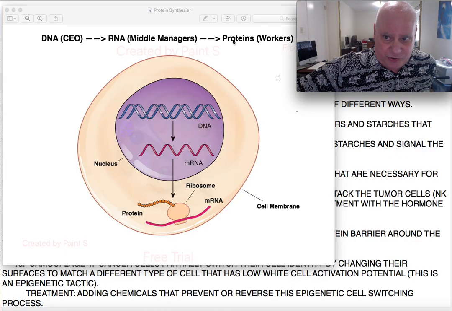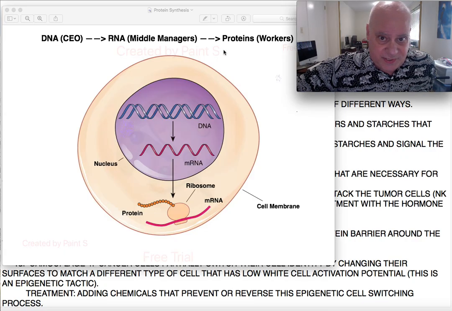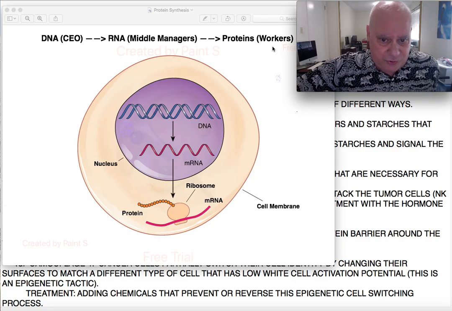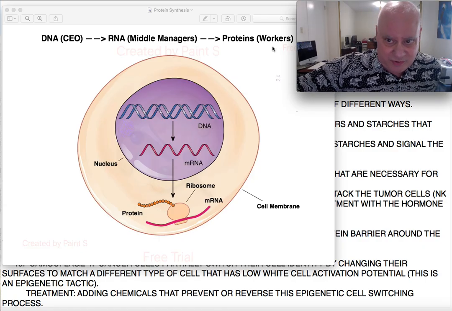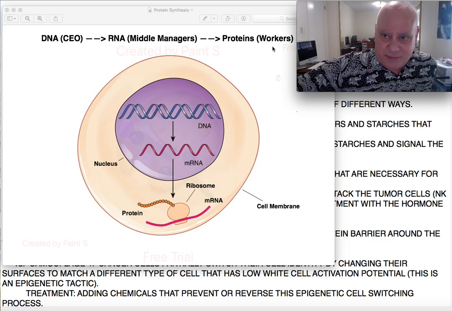And the workers get their orders from their managers, who get their orders from the boss. So this is kind of the way the cells are laid out too. They have that sort of structure with CEO and middle manager and workers, where the proteins are the workers, the RNA molecules are the middle managers, and the DNA molecules are the big boss.